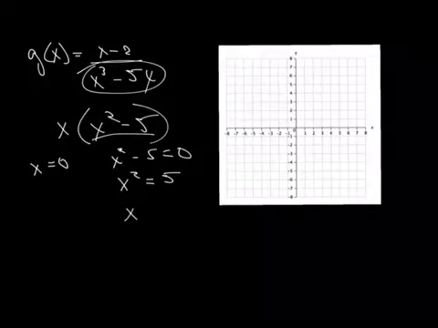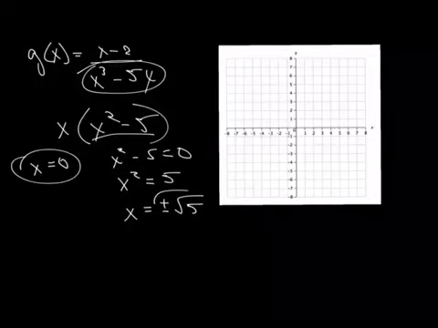Taking the square root gives me plus or minus the square root of 5. So therefore, I have 3 asymptotes. 0, I'm going to have that one. Square root of 5 is just a hair bigger than 2. So I've got one there, and I've got one there.